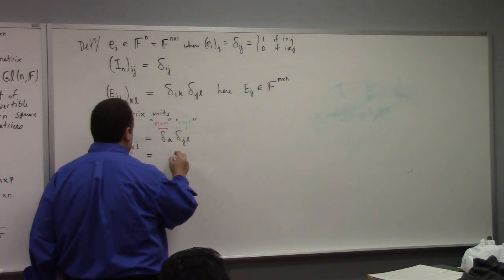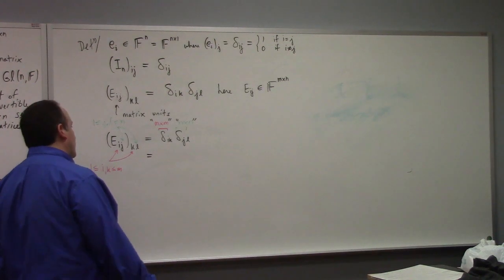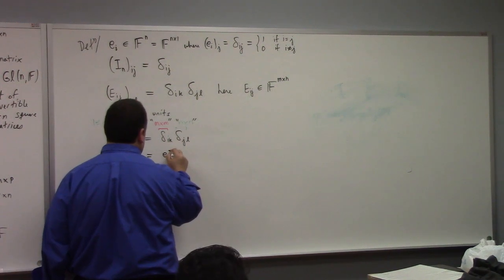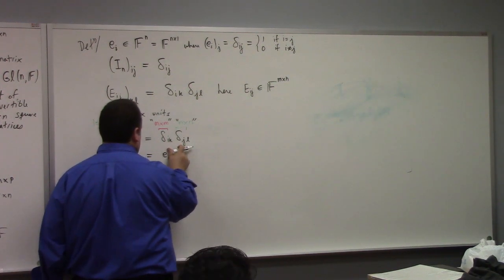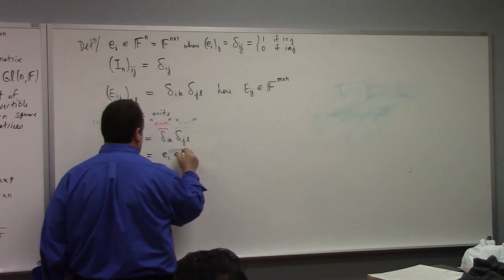All right, so I think I can do, oh, good grief. Ei transpose, or no, Ei, I mean, there's two choices, all right? I'm either going to be right or wrong.